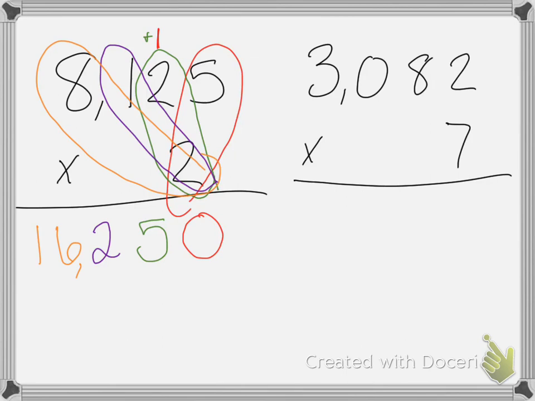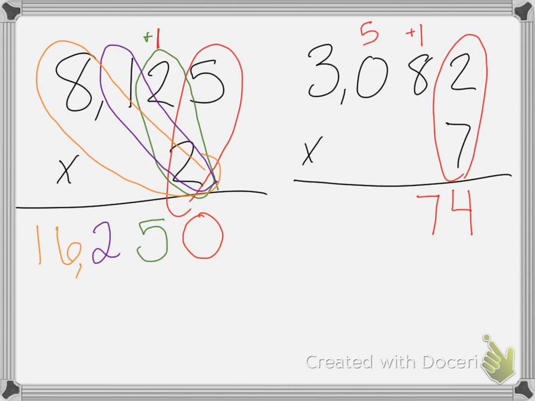One more. In this case, we have 3,082 times 7. So, starting with the first number, 7 times 2 is 14. I put the 4 down and carry the 1. 7 times 8 is 56. Plus 1 is 57. Carry my 5.